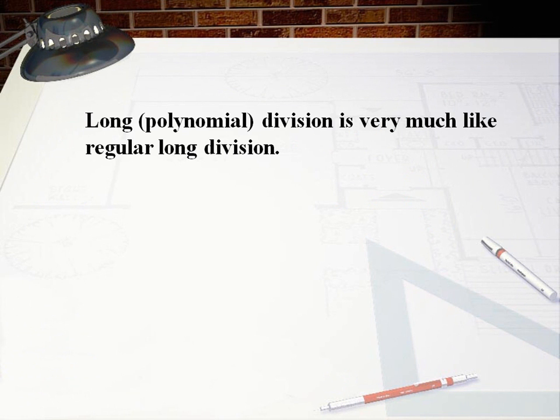Now long division, and we call it long polynomial division, is very much like regular long division. So let's say we were dividing 6 into 758, for example. Then what we'll do is see how many times 6 goes into 7.